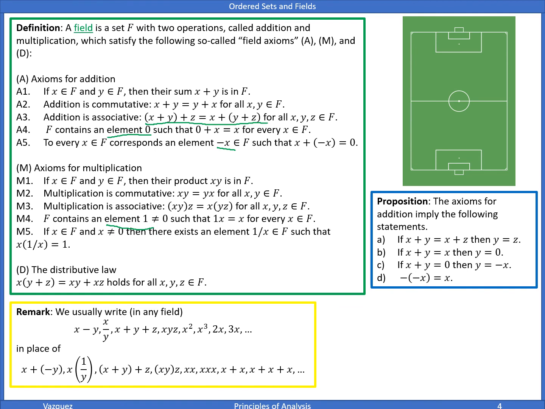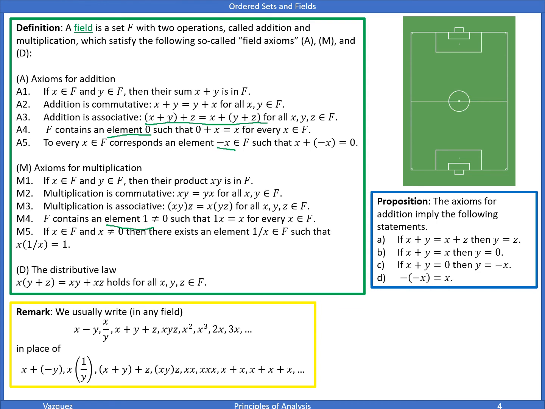And then we go to propositions. So these are little things, little theorems, I suppose, that we can prove. The axioms for addition imply the following. So A, if x plus y is equal to x plus z, then y is equal to z. B, if x plus y is equal to x, then y must be equal to 0. C, if x plus y is equal to 0, then y is equal to negative x.